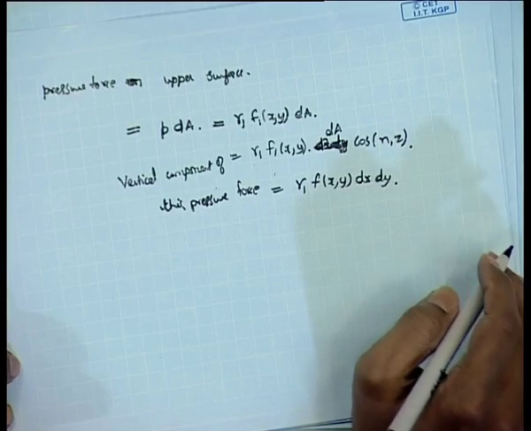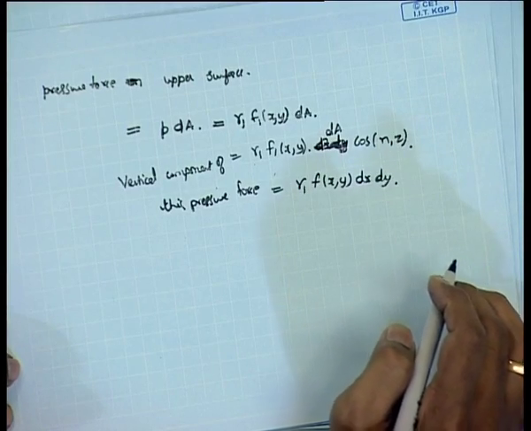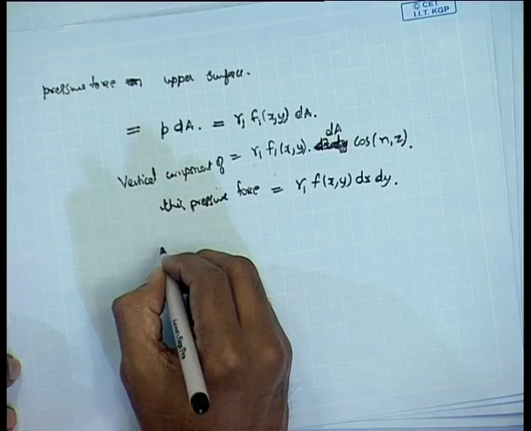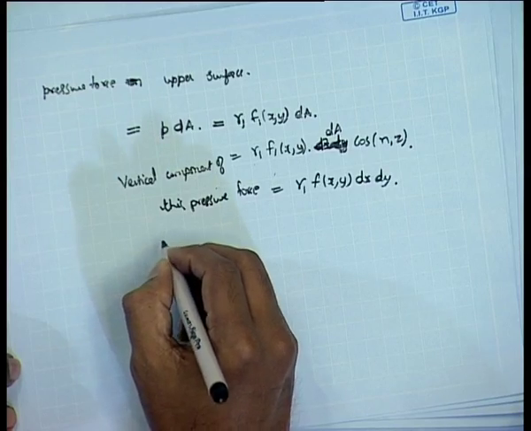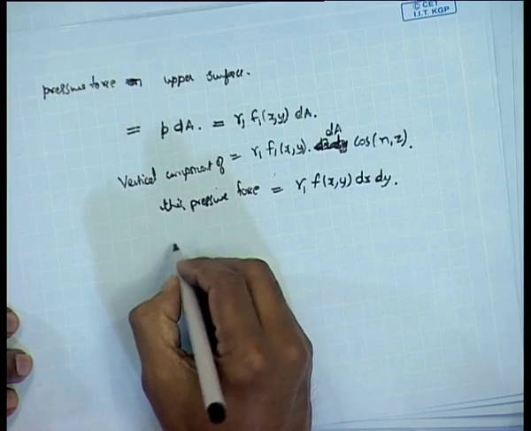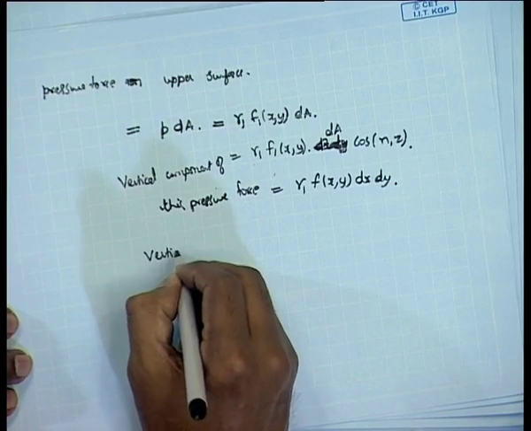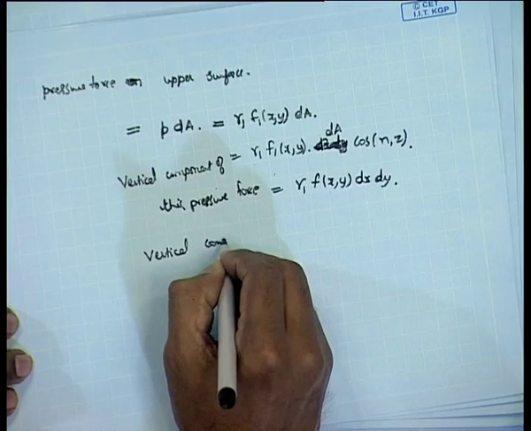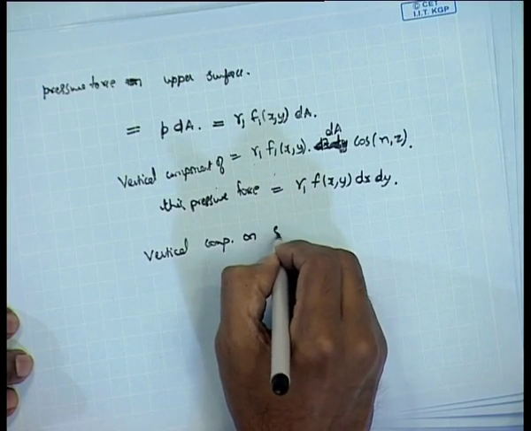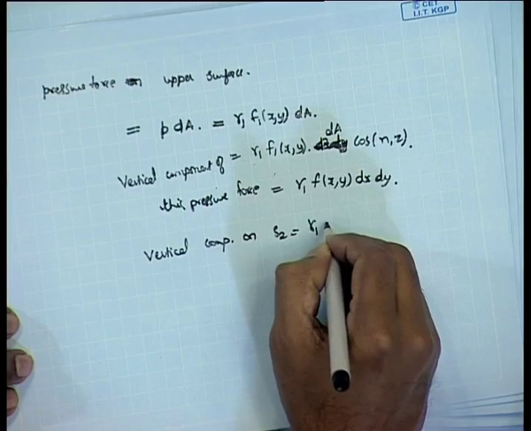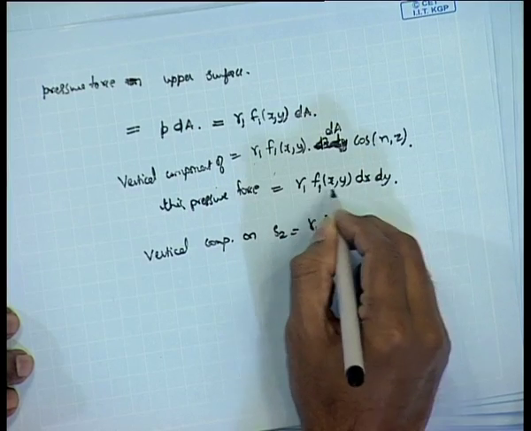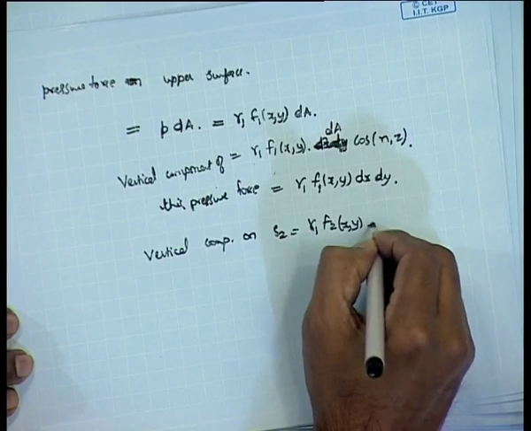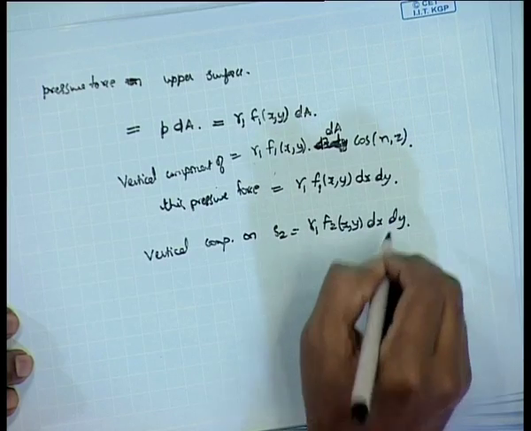And similarly, by exactly the same reasoning, from the bottom side, the vertical component of the force on side S2 will be gamma F2 of x y dx dy.